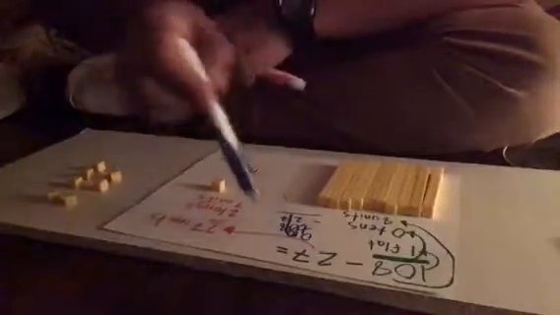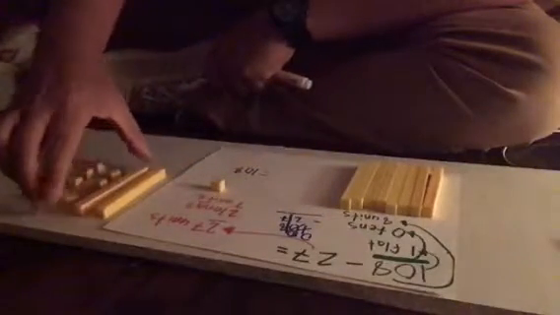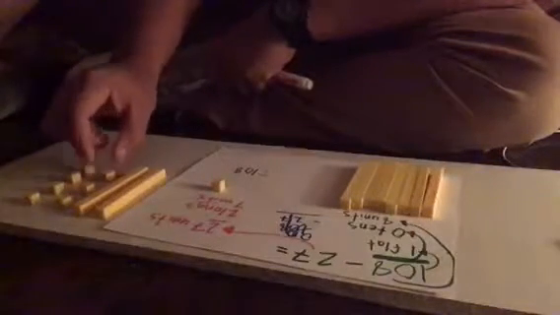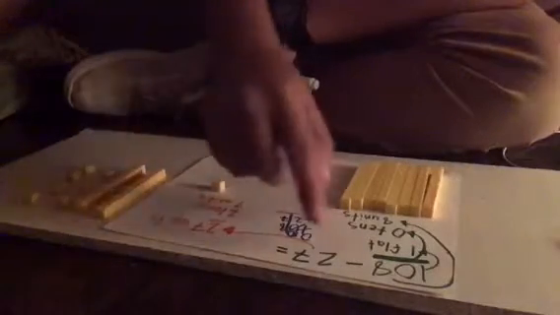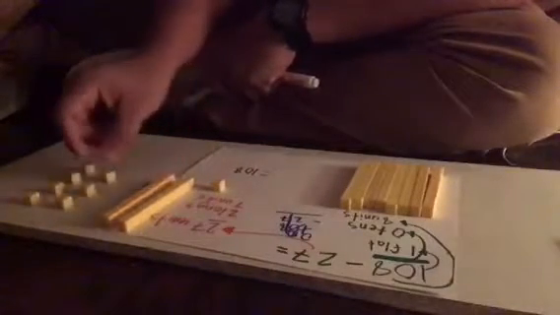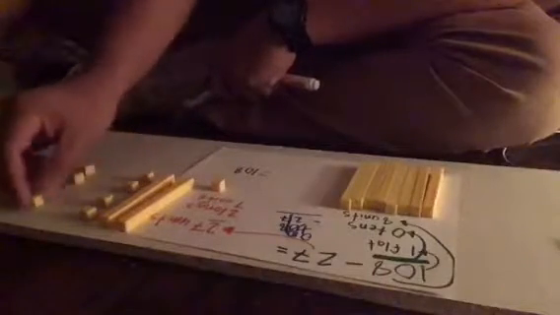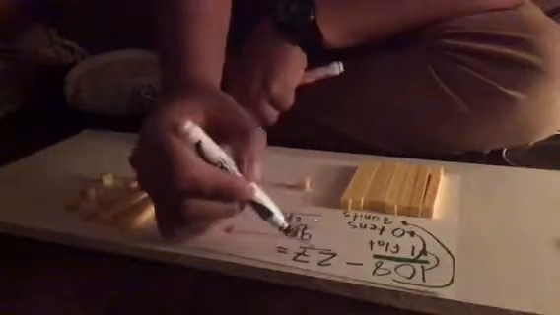Now I want to take 2 away. So you know we're finished if you come to this second group over here and it matches the second number in the equation. So I have 2 longs and 7 units. Since this number matches this number, I am done with the subtraction.